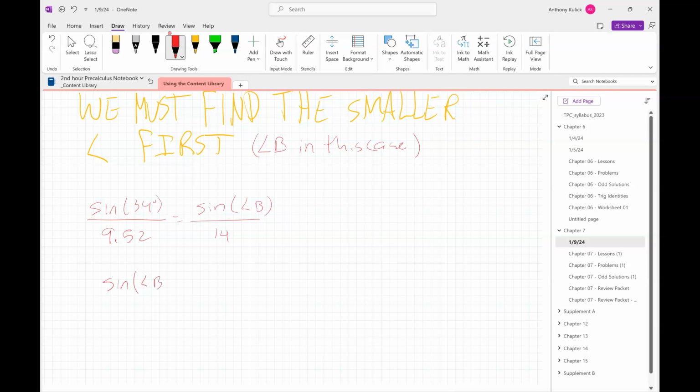So I have sine of angle B equals 14 times sine 34 over 9.52. But how do I get rid of that sine in front of the angle B? What cancels that out? Sine inverse. Very good. So we do a sine inverse to both sides, so those cancel out.